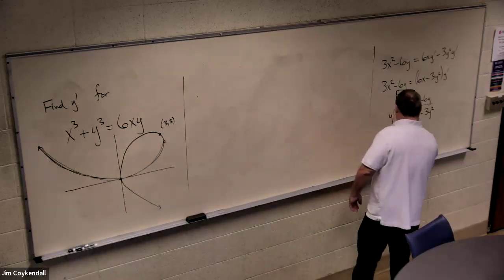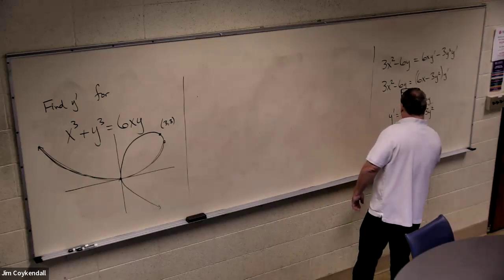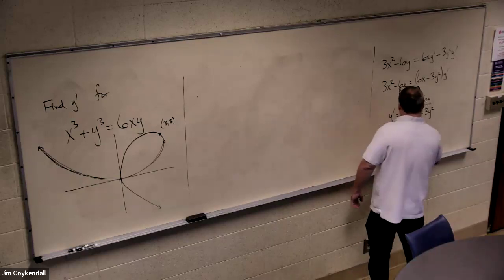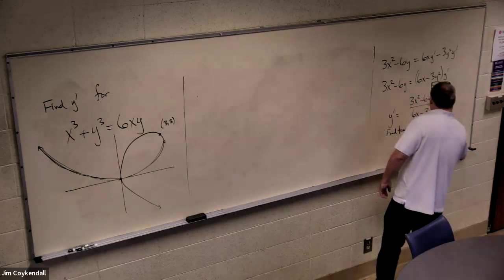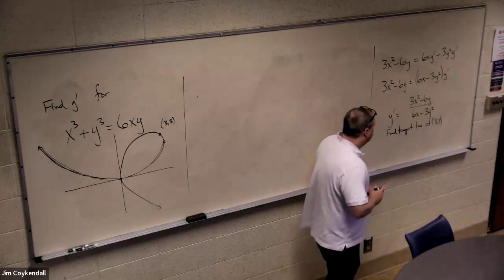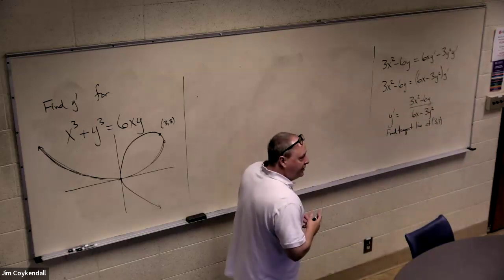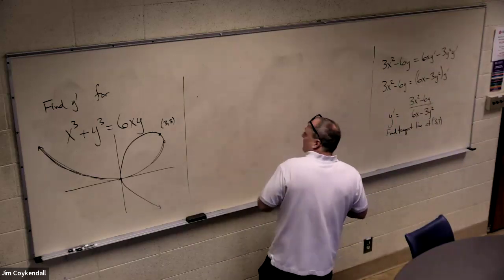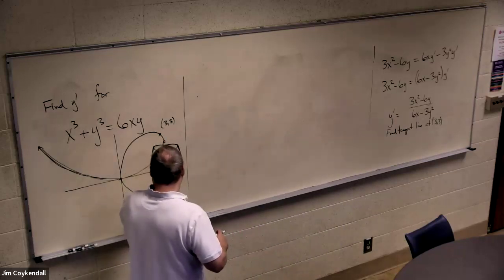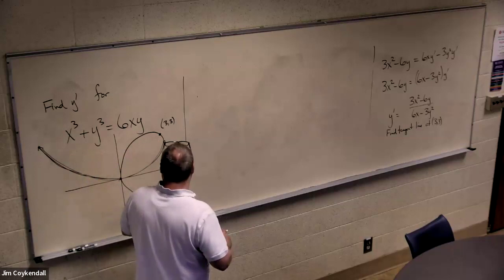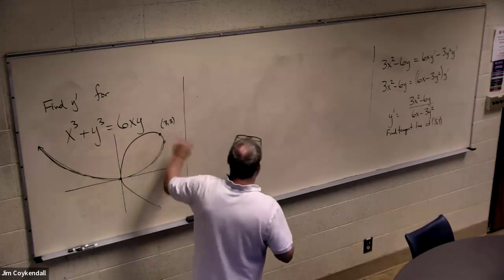Use this to find the slope. Well, here's the deal. All you've got to notice is that there's another point on the curve that has x coordinate 3, and another point on the curve that has y coordinate 3. The 3 specifies only one point.